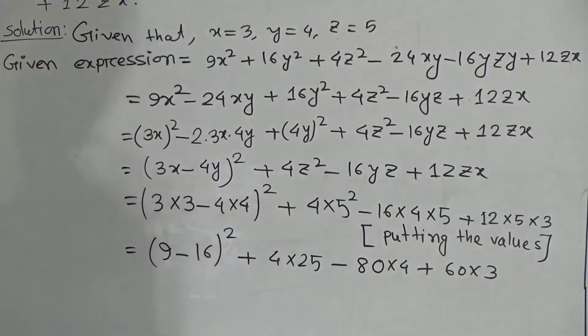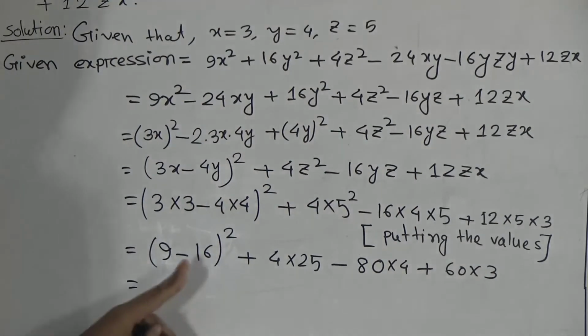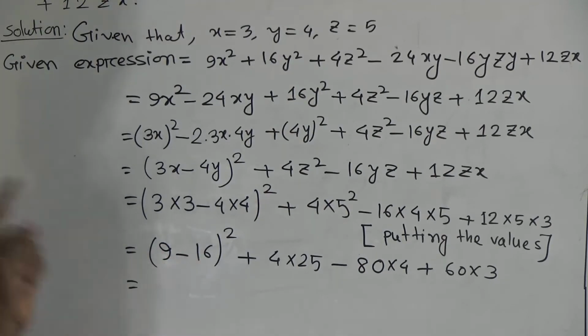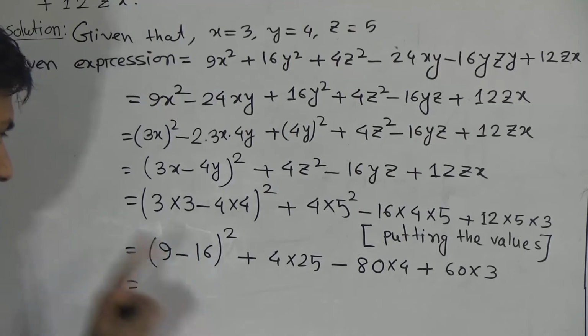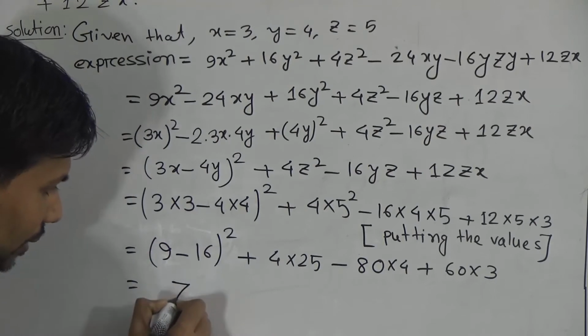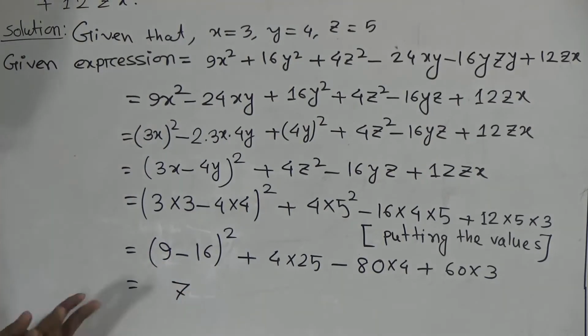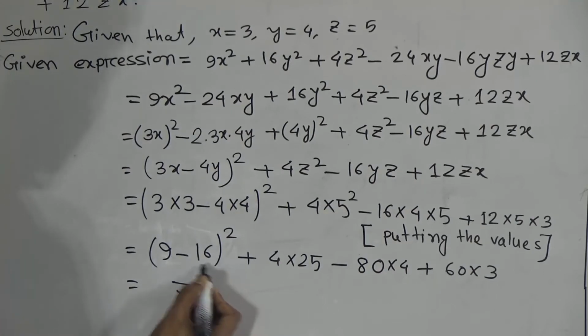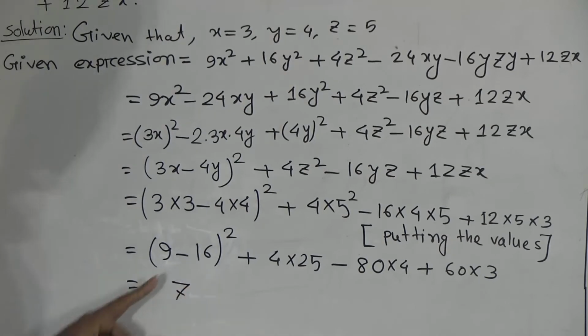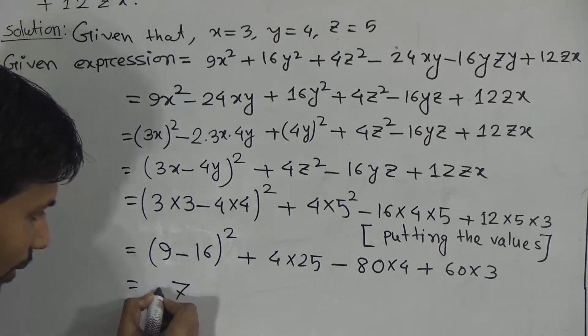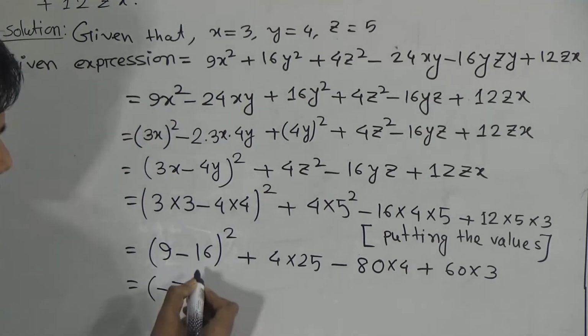Now this is 9 and this is minus 16. If we calculate, 16 minus 9 is 7. But which sign will we put here? According to the number, 16 is actually bigger, so you have to put the minus sign here, and whole square.